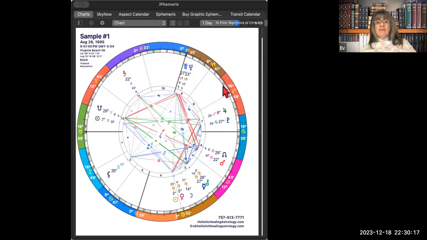And each sign is one element: earth, air, fire, water, and one modality: cardinal, fixed, mutable. Those are the components of the signs.